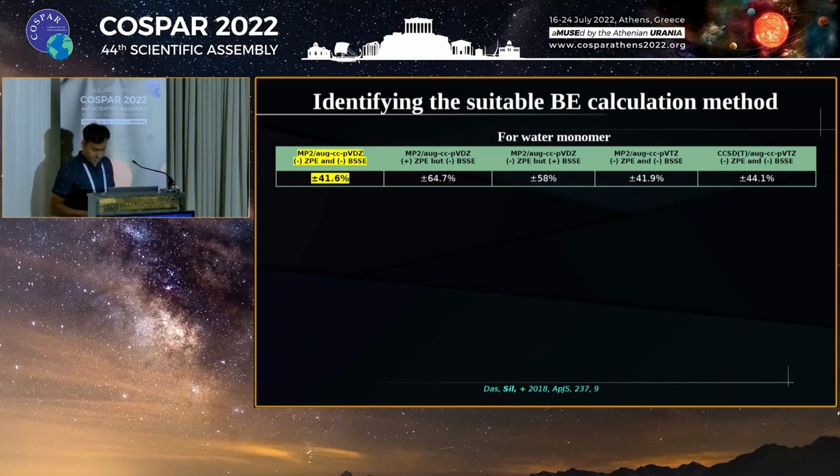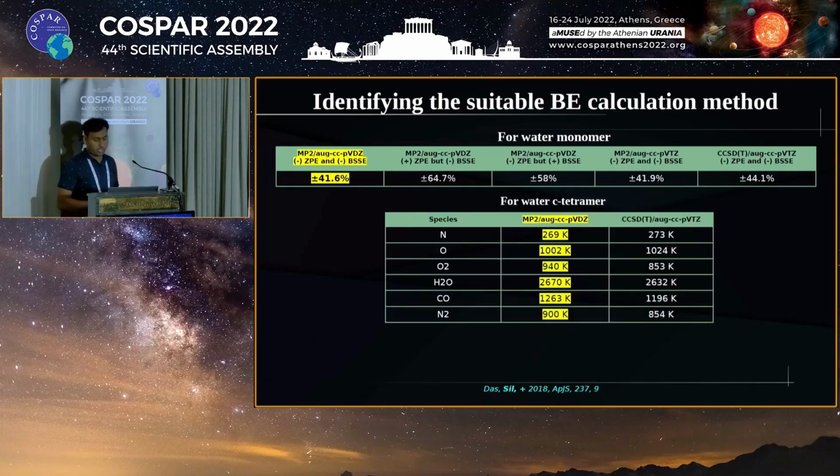Also for the water tetramer structure, we used a higher method, which is the CCSD(T) method. This is a higher level of theory, and our selected method, MP2 augmented cc-pVDZ, shows these values.